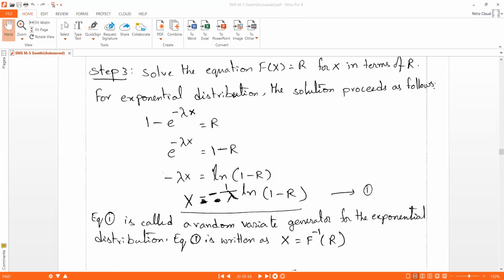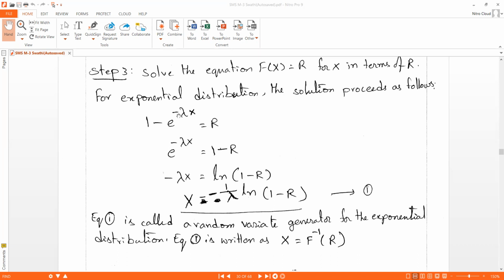Equivalently, if we send e power minus lambda x to this side, it adds to r: 1 is equal to r plus e power minus lambda x. Now if we send r to this side, we get e power minus lambda x equal to 1 minus r. Understood this? Any doubts here?